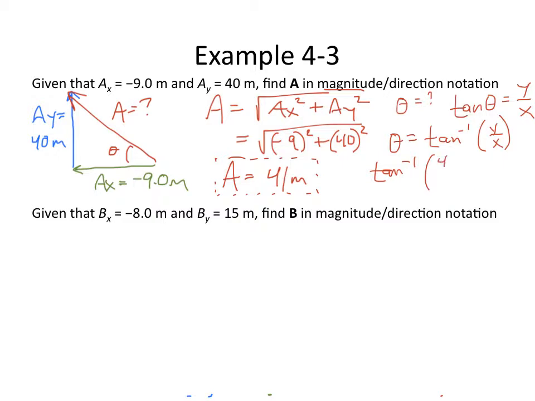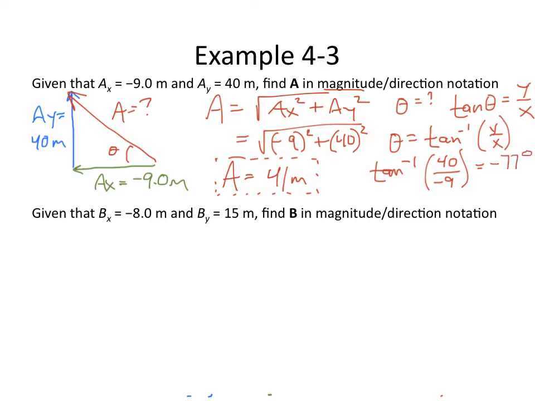That's 40. And our x is negative 9 right there. Let's see what we get. So inverse tangent of 40 over negative 9. Oops.